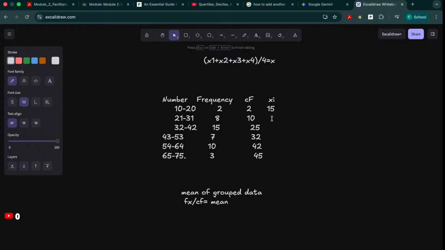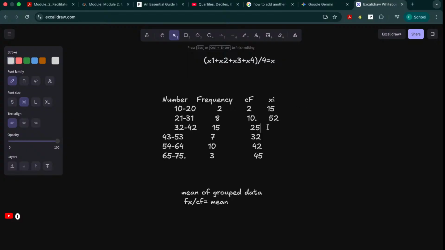Then we have 21 plus 31, which gives us 52.